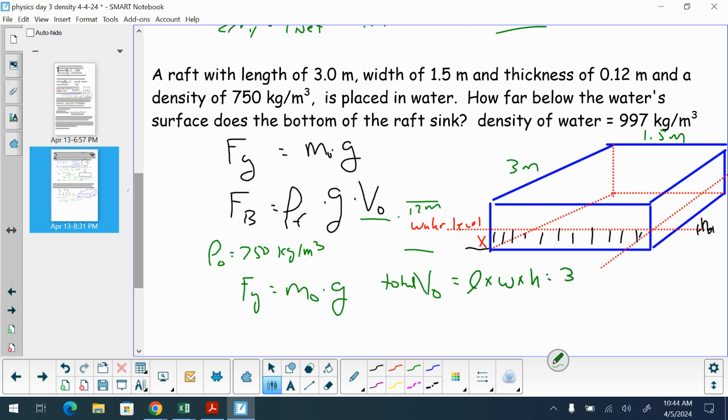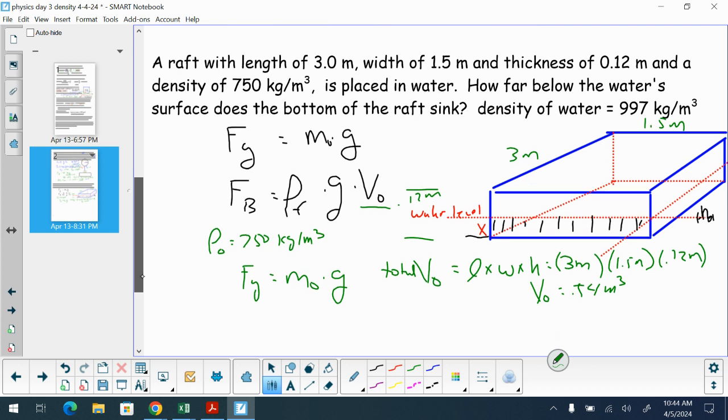So we have our 3 meters, our 1.5 meters, and then our 0.12 meters. So the total volume of this object comes down to what, Justin? 0.54. 0.54 meters cubed. Good with that? Yes, no, maybe so.